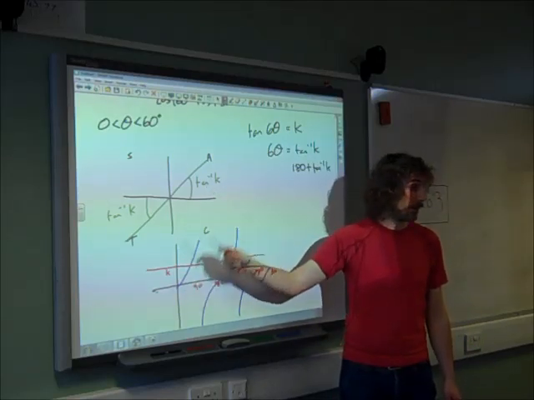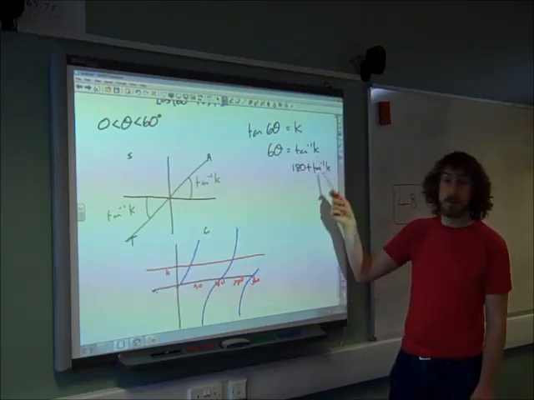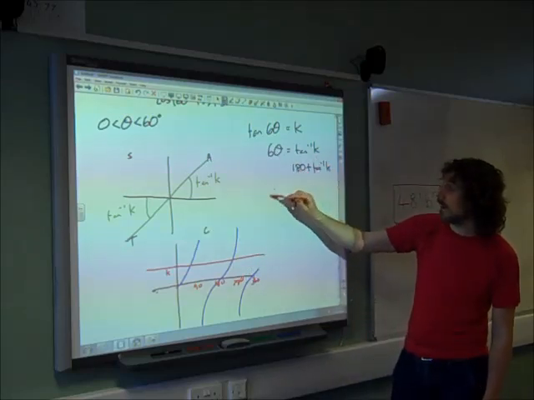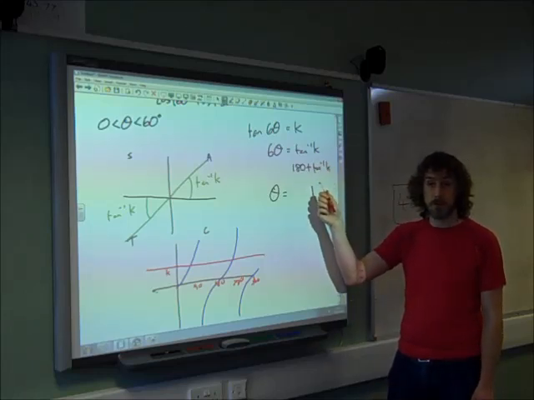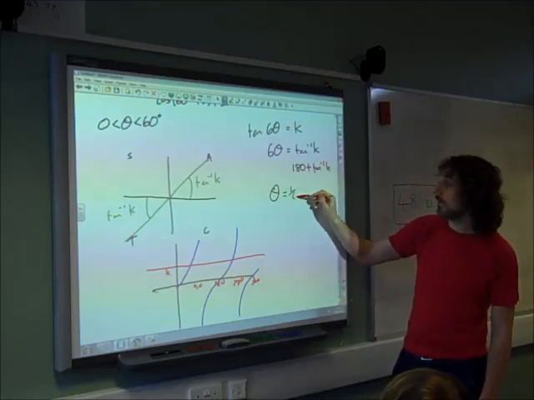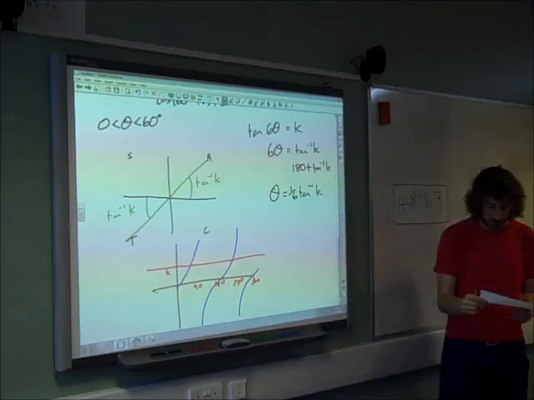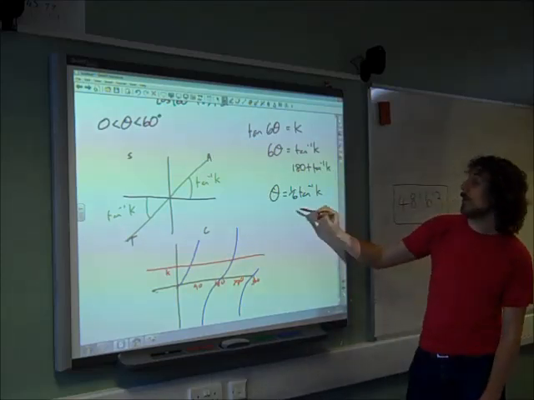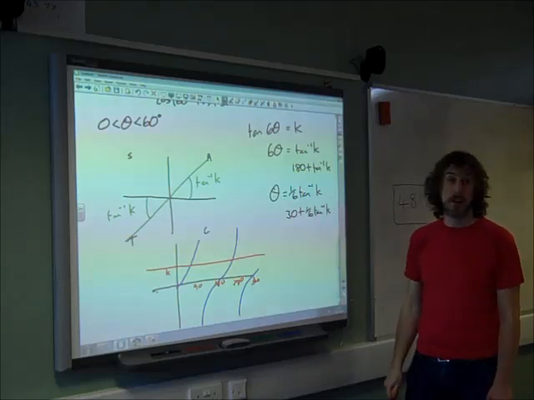So 6 theta is these two solutions, so theta is a sixth of these two possible solutions, which gives me 1/6 of the inverse tan of k, and a second possible solution, which is 30 plus 1/6 of the inverse tan of k.